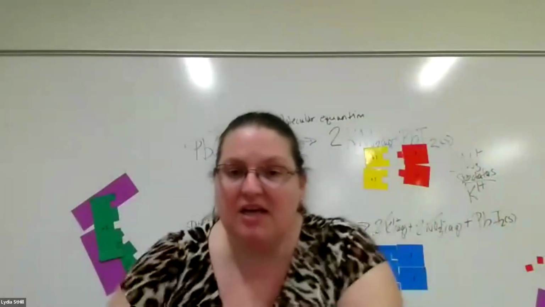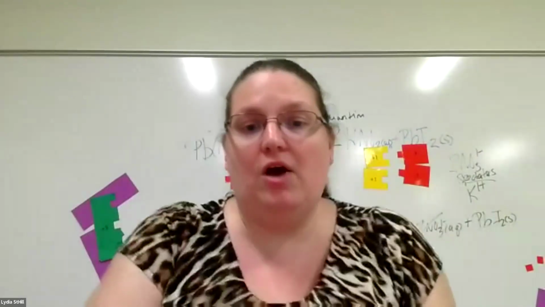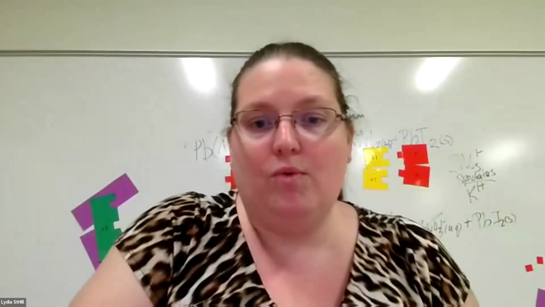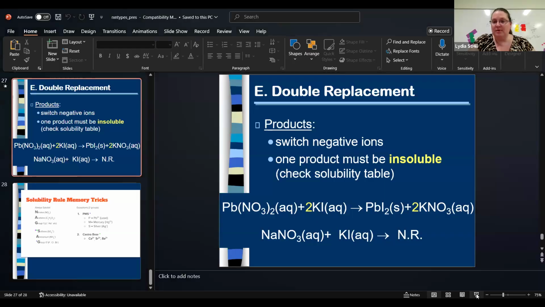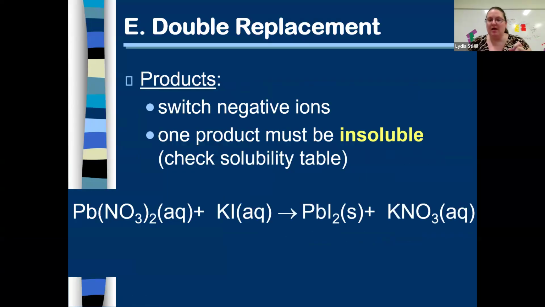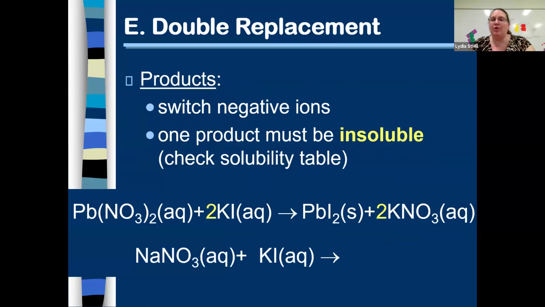So let's just take a minute and look at this real quick and wrap up this concept of these equations. All right, so we looked at Pb already. So what we're going to look at is NaNO3 going with KI. So we know that we're going to go ahead and swap these partners out.